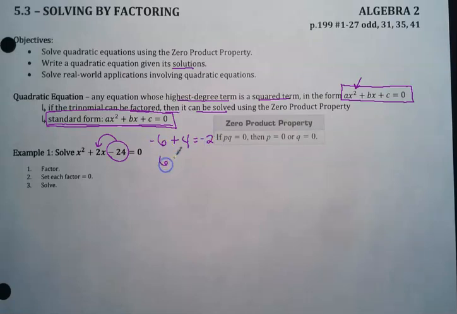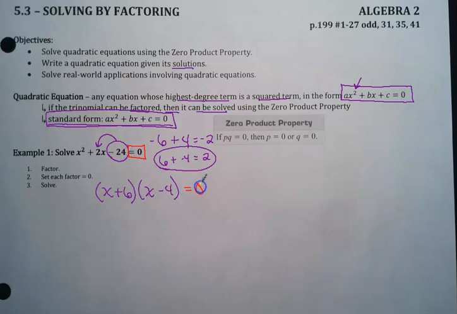If I had a positive 6 plus negative 4, that would equal a positive 2. So these are my factors. I have two different terms, so I'm going to have x plus 6 times the quantity x minus 4 to factor that. Now I need to include this equals 0 part, so this equals 0.